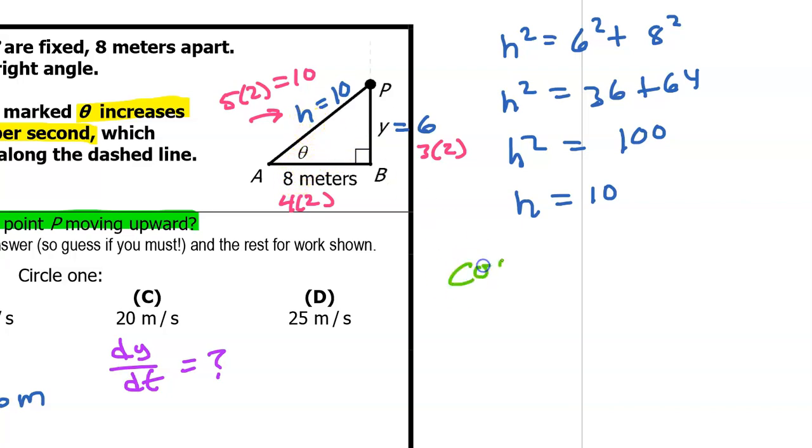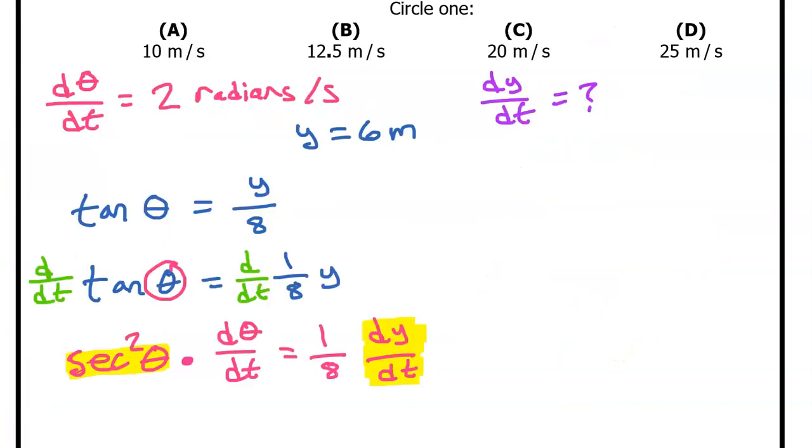So cosine theta is 8 over 10, adjacent over hypotenuse. This reduces down to 4 over 5. So that means that secant is going to be the reciprocal of this. Secant theta will be 5 over 4.